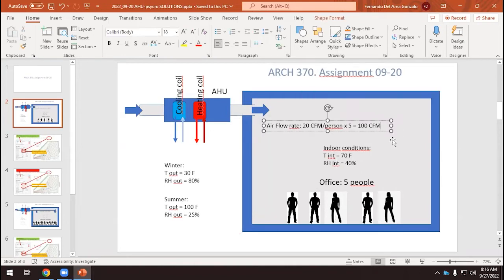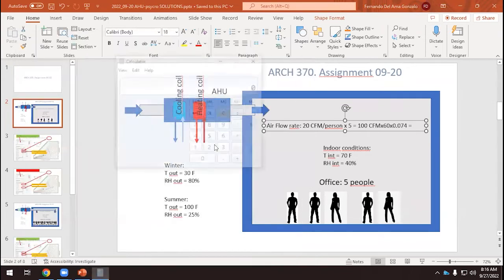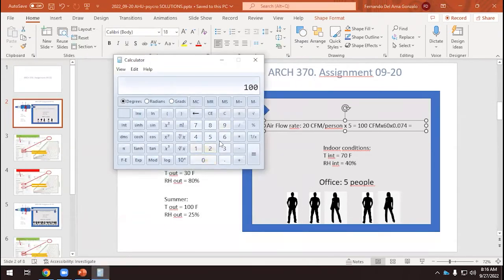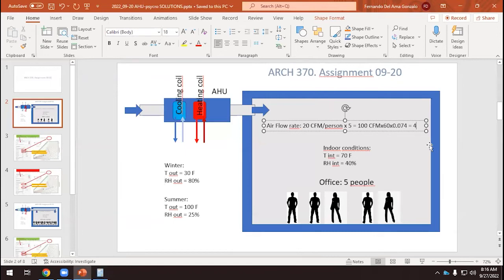So 100 times 60 times 0.074, so it's around 444 pounds per hour.